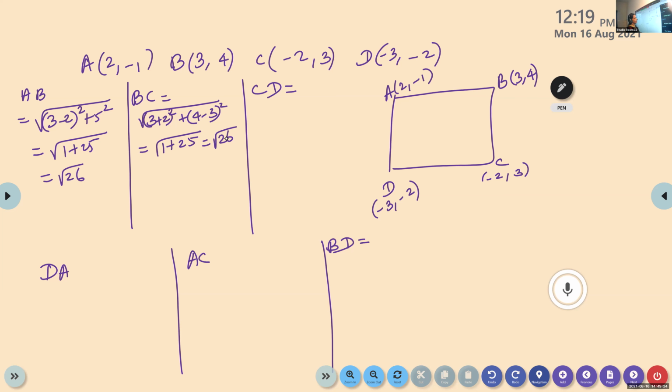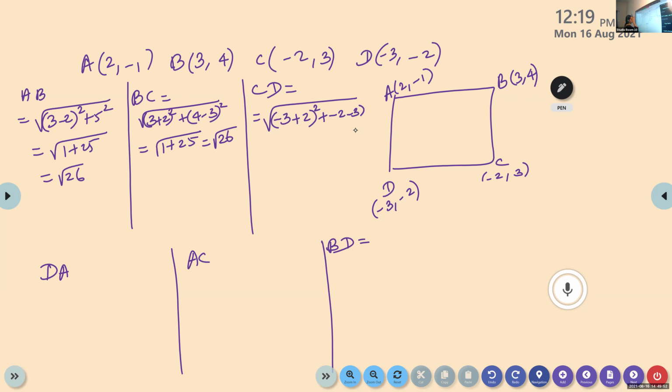Yes, ma'am. What is the value of CD? That is also again root of (minus 3 plus 2) the whole square plus (minus 2 minus 3) the whole square.